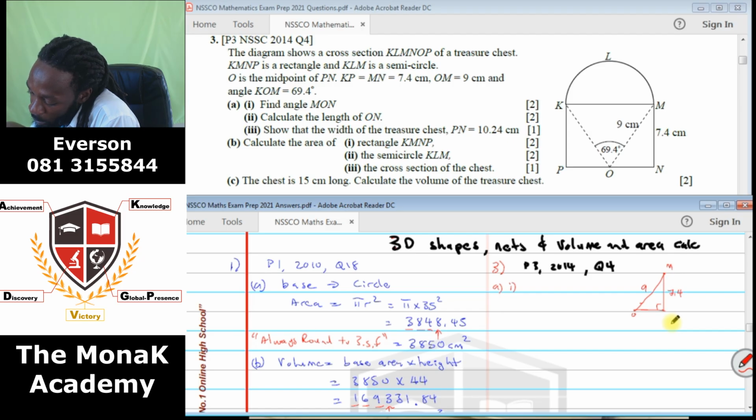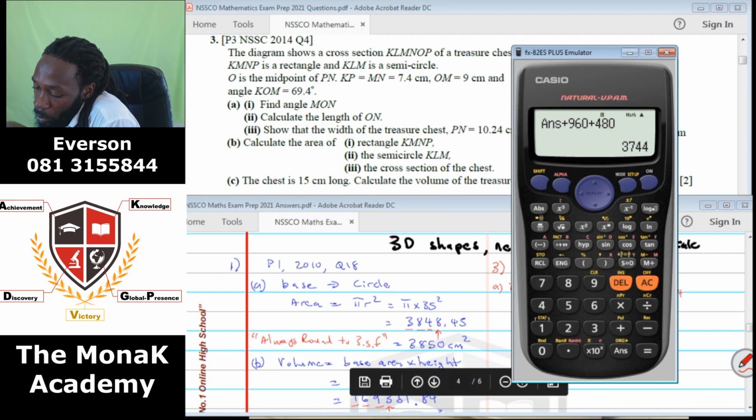We want this angle. So we have opposite, we have hypotenuse. From SOHCAHTOA, we know it's sine. Sine theta equals opposite over hypotenuse. Therefore, theta will be the inverse of sine of 7.4 over 9.